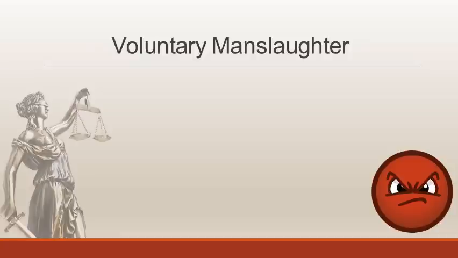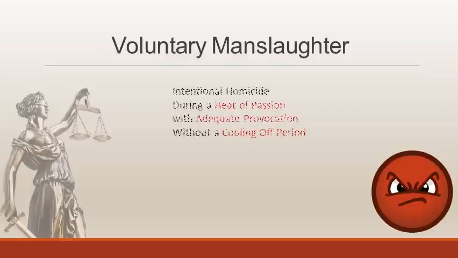Okay, well, let's look at the elements of voluntary manslaughter. You have an intentional homicide during the heat of passion with adequate provocation without a cooling off period. Well, would you say that seeing your spouse in bed with your best friend created a heat of passion?